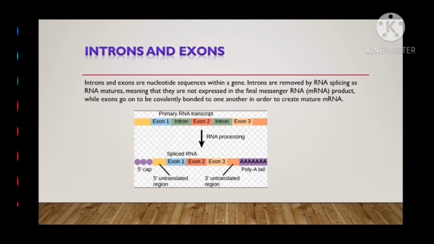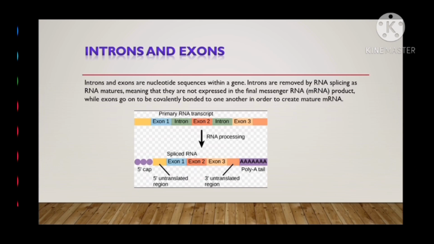So DNA anyways cannot code for protein directly, but when this DNA forms RNA, some portion of RNA can code for proteins and some portion of RNA does not code for any protein, and those portions are termed as exons and introns.